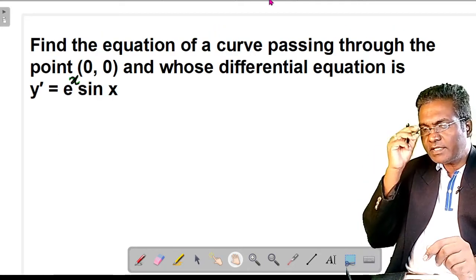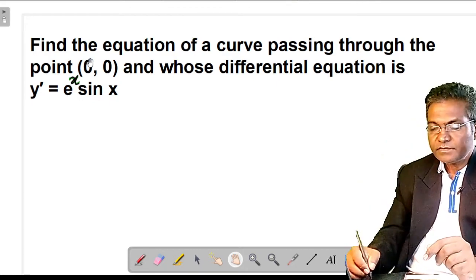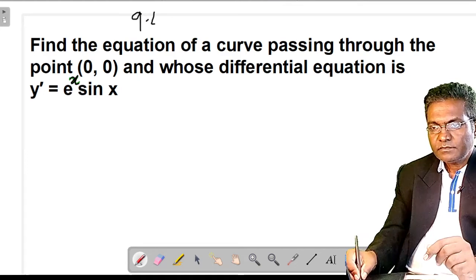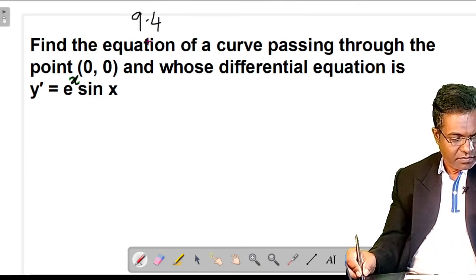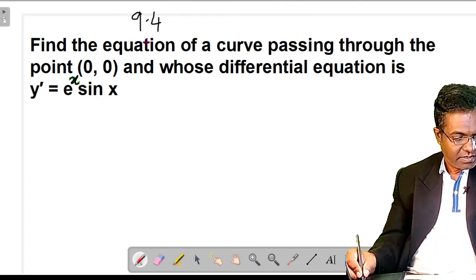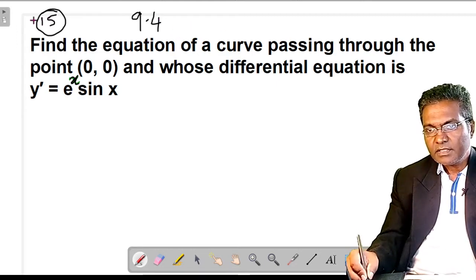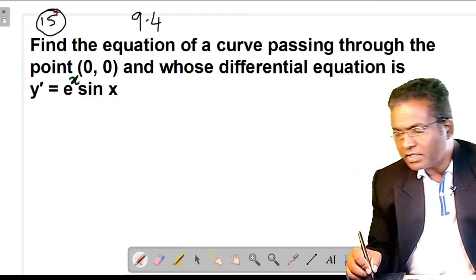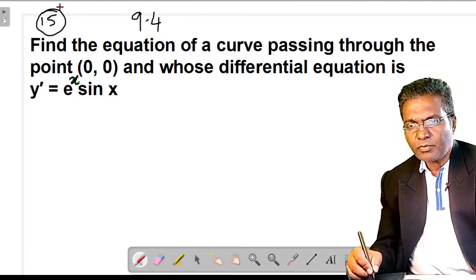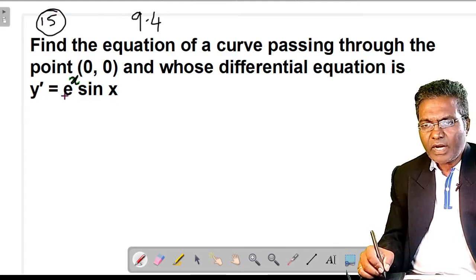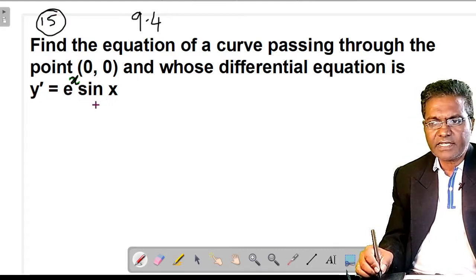Now see, here is an interesting example. This is from exercise 9.4, problem number 15. Find the equation of a curve passing through the point 0, 0 and whose differential equation is given as y dash is equal to e power x sin x.